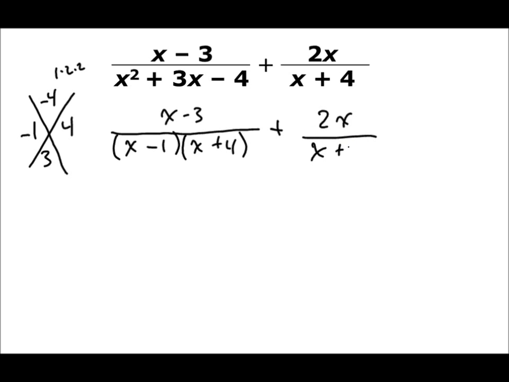Now that I have everything in their factored form, I can look at my denominators. I can say, aha, this denominator has a factor of x plus 4. This denominator also has a factor of x plus 4, but it's got an extra factor of x minus 1. So in order for me to get the common denominator, this fraction is going to need an additional factor of x minus 1 in the denominator.